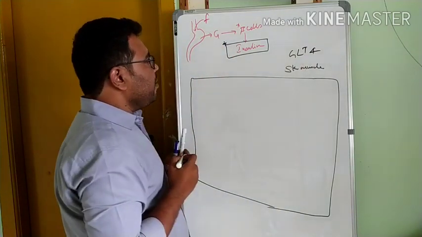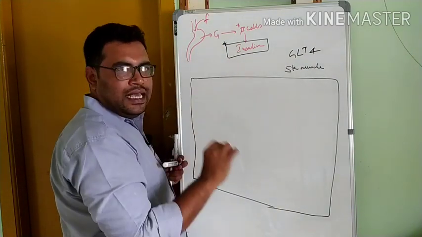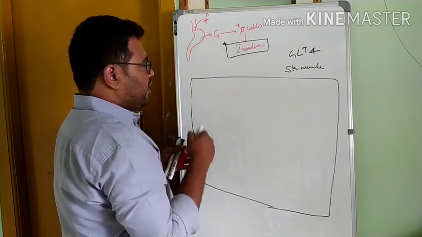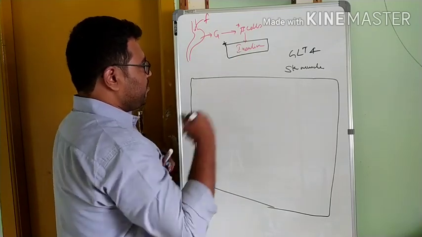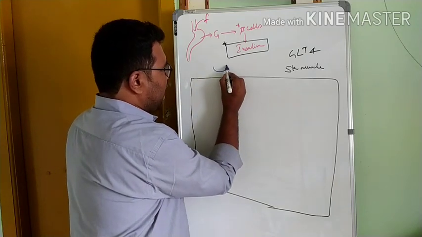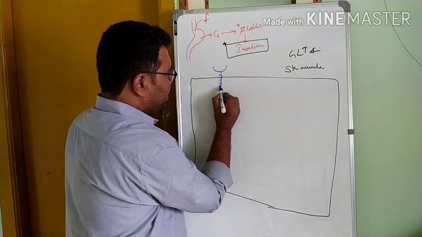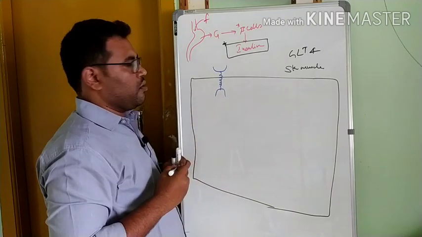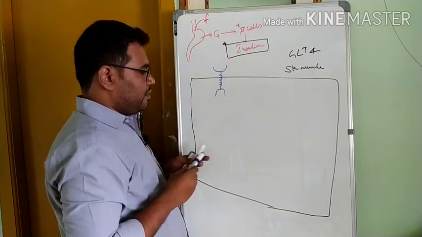Okay, keep it aside. Now insulin is released in the blood and it has to show its action. For the action of insulin, it needs a receptor which shows its action based on an enzyme-substrate process. So this is the insulin receptor.